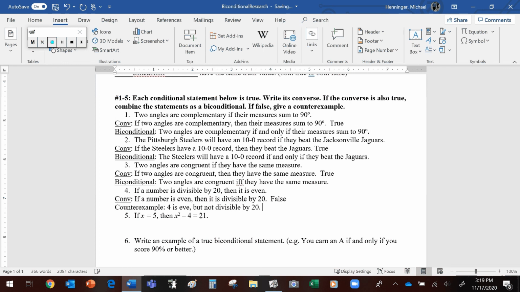Now remember, a counterexample is one where the hypothesis is true, so a number's even, but the conclusion is false. So 4 is even, but it is not divisible by 20.